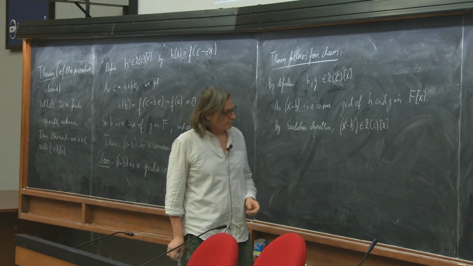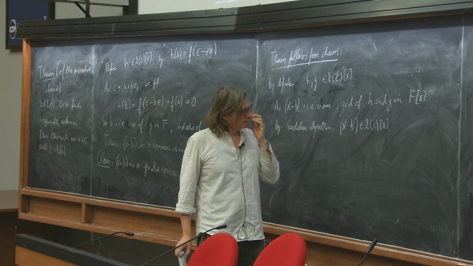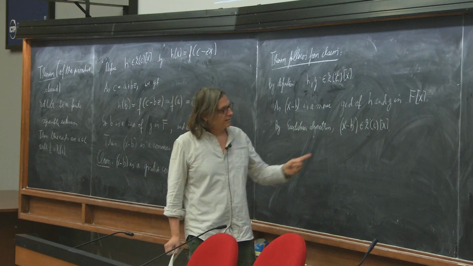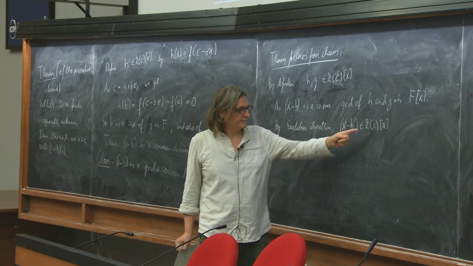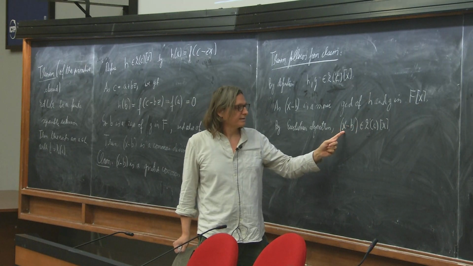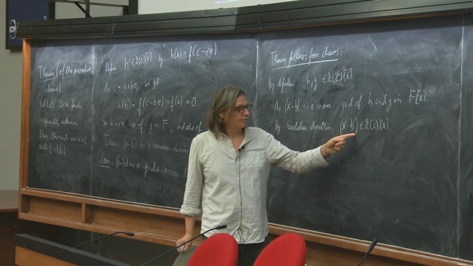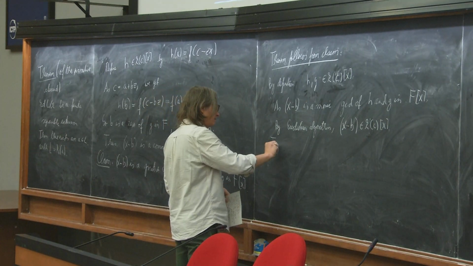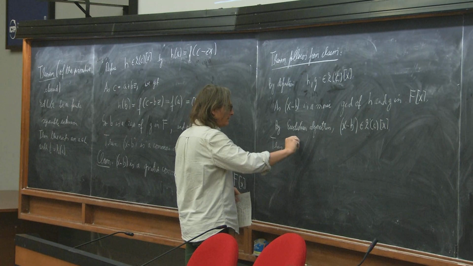As the greatest common divisor is well defined up to multiplying by a constant, if the leading coefficient lies in this field Kc, in this case it's 1, it certainly lies in Kc, then the whole polynomial lies there. So this lies in Kc of x, so thus b is an element in Kc.